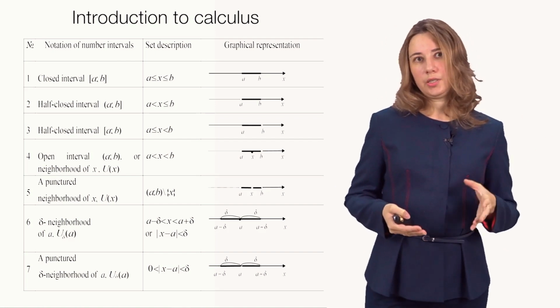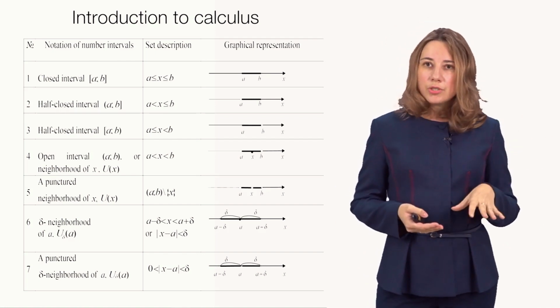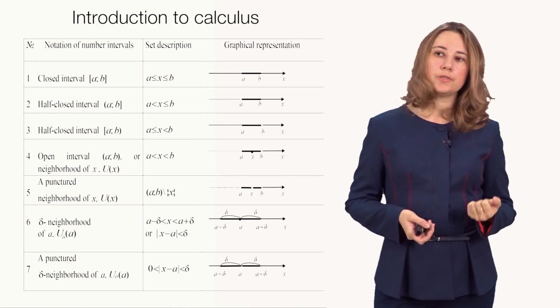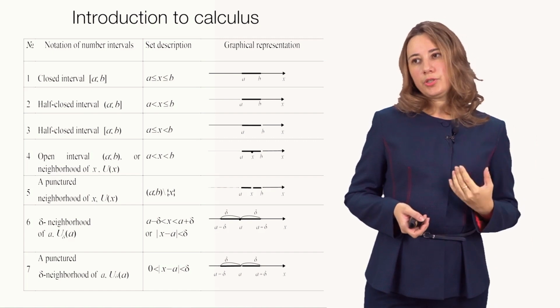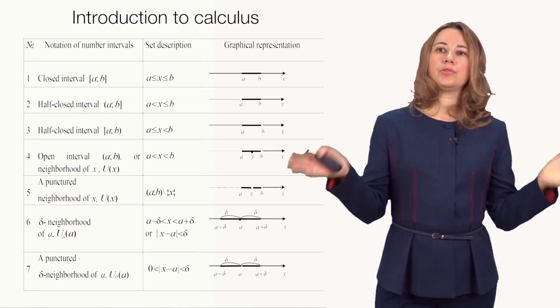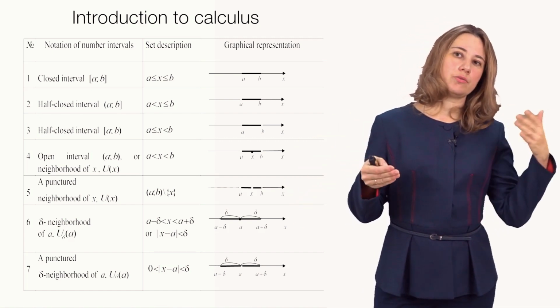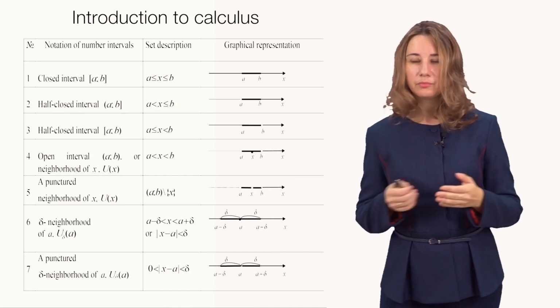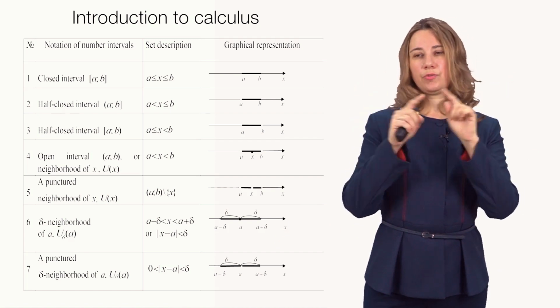Thus, we can distinguish, for example, closed intervals, half-closed intervals, open intervals. For the closed interval, we have the non-strict inequality, x is greater than or equal to a and less than or equal to b, and of course, some interval on the real line.